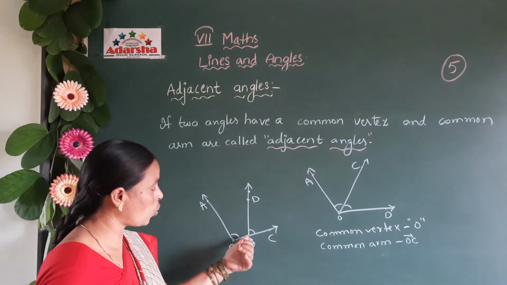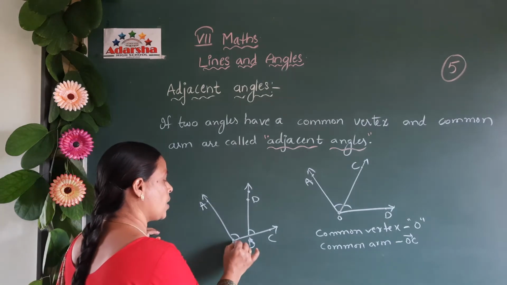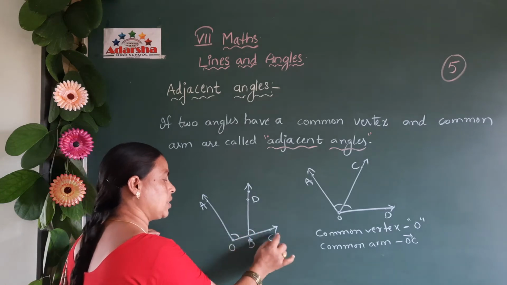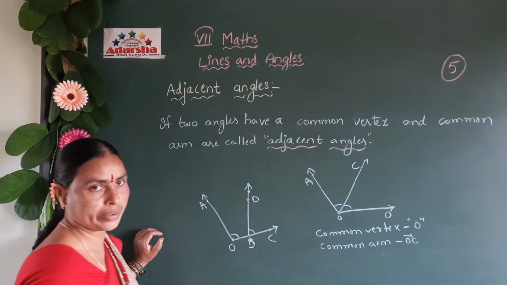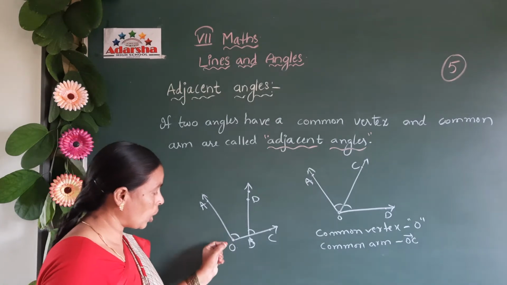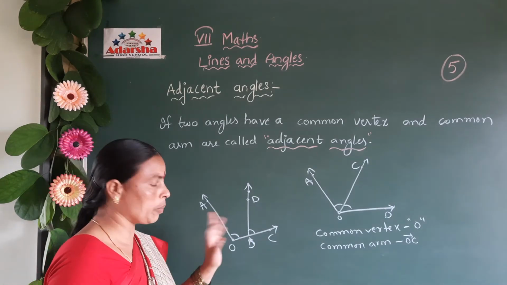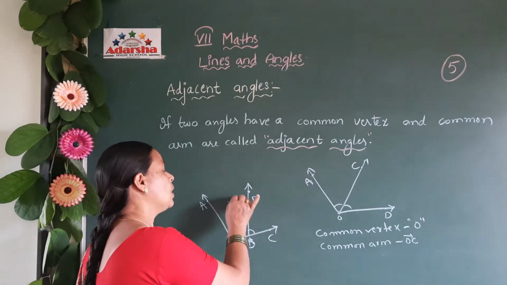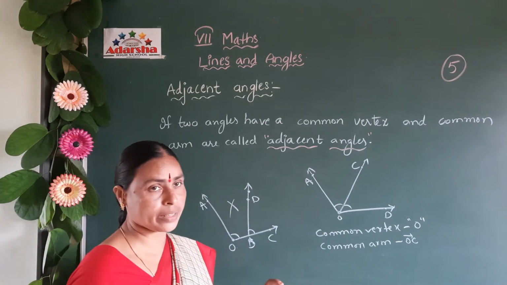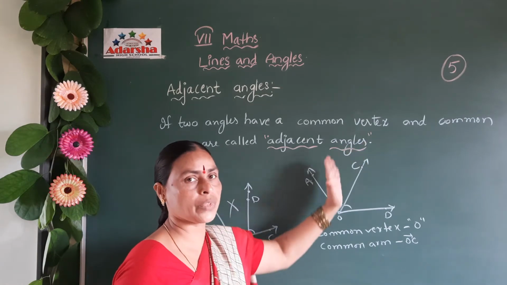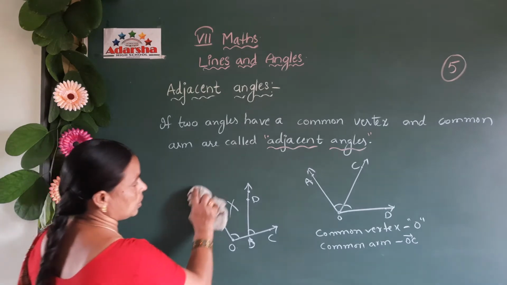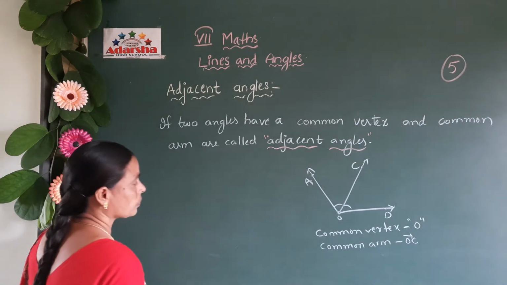Because they have no common vertex. In angle AOC, O is the vertex, and in angle DBC, B is the vertex, and they have no common arm. They have no common vertex and no common arm. So these are not adjacent angles. If two angles have the common vertex and the common arm, then the angles are called adjacent angles.